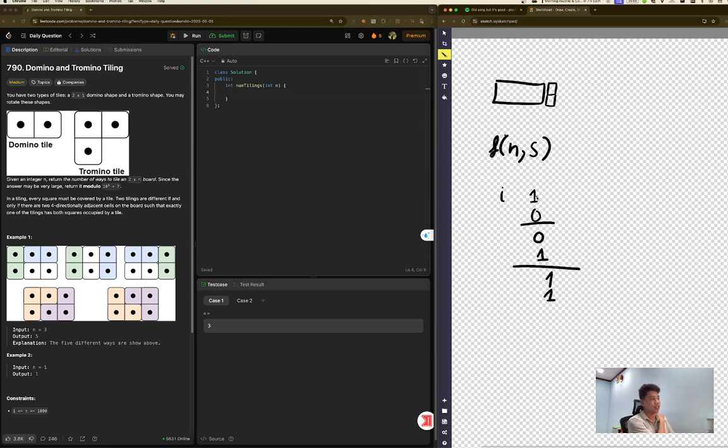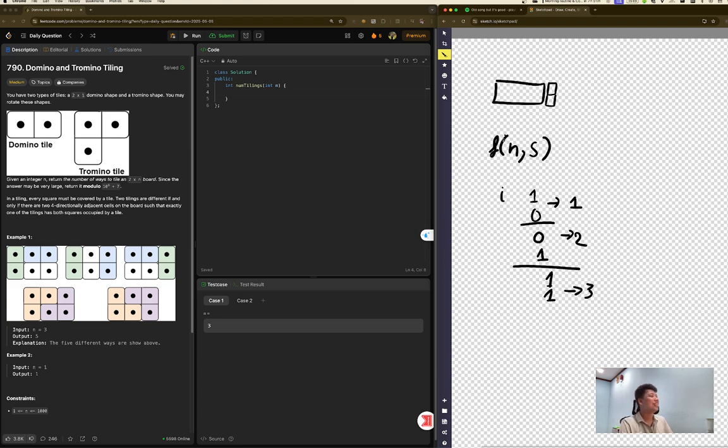The first case is the top cell of the column is filled with a domino, and the bottom is not. The second case is the opposite of the first case, and the last case is 1 and 1, that means this column is all filled, the top and the bottom are filled. Okay, so we can consider this as 1, this as 2, and this as 3.